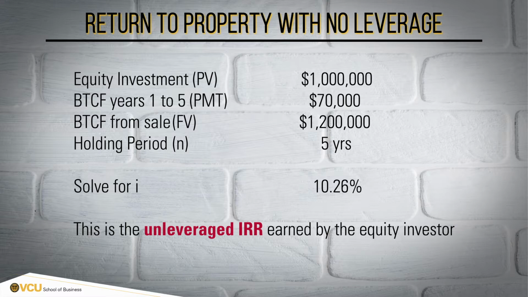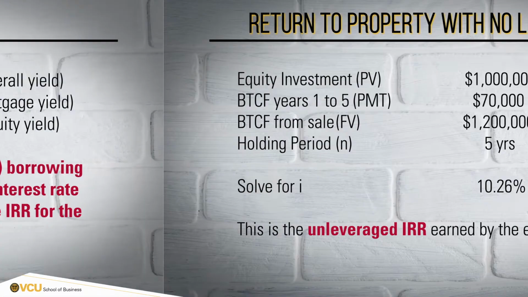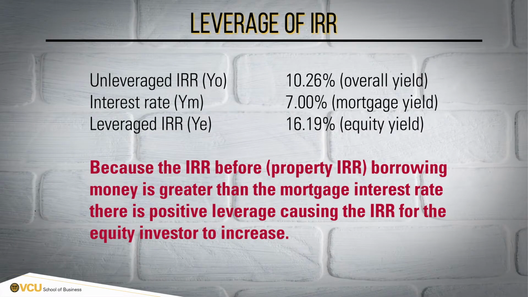Leverage allows you to gain on the entire appreciation of this property and to gain on all of the benefits of cash flows with only having a proportional amount invested, in this case 30% of the value. So the relationship looks a little bit like this. Remember that the interest rate on the loan was 7%.